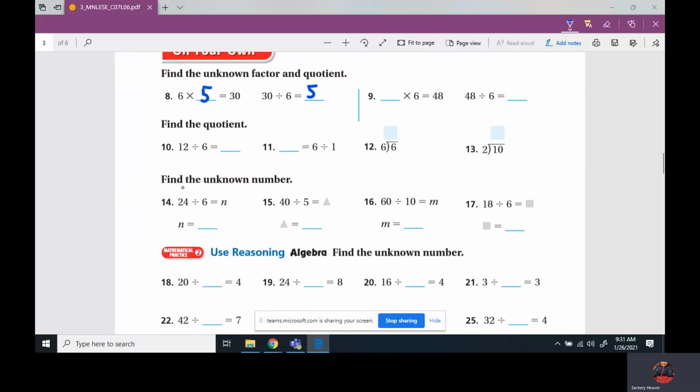Caleb, what times 6 equals 48? 7. So 48 divided by 6 is? Adeline, 12 divided by 6 is? 2. Aubrey, 6 divided by 1 is?